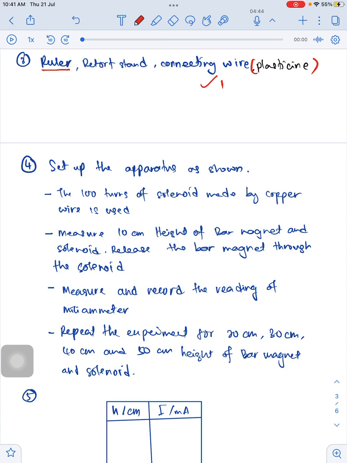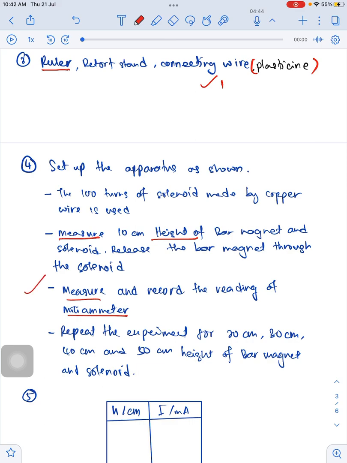Alright, so for this point number 4, there are 3 marks here. You will get 1 mark if you state to measure the height of the bar magnet. So measure the height, and it is compulsory to also measure and record the reading of the ammeter.